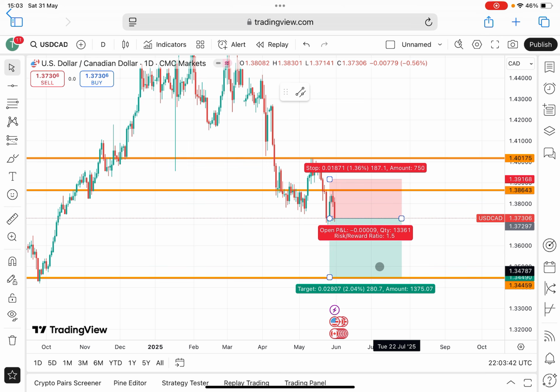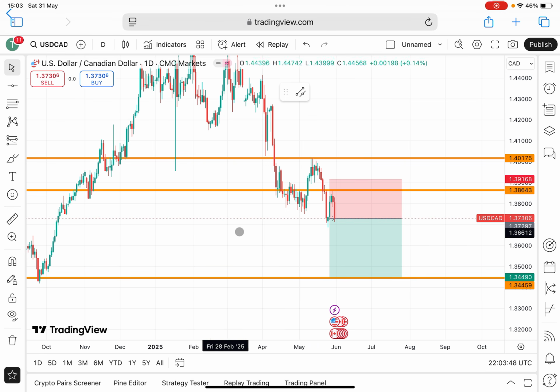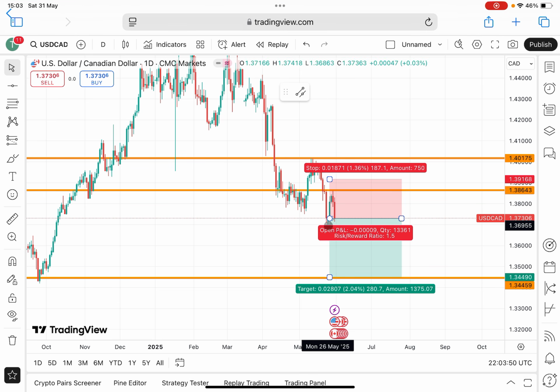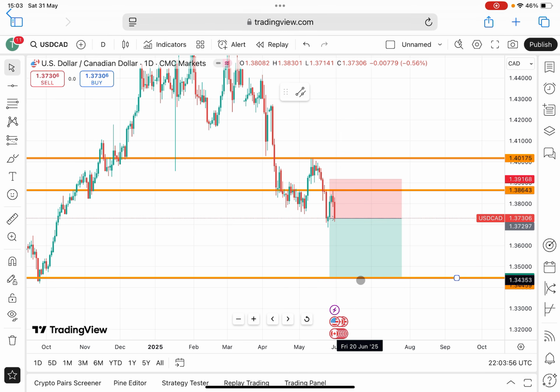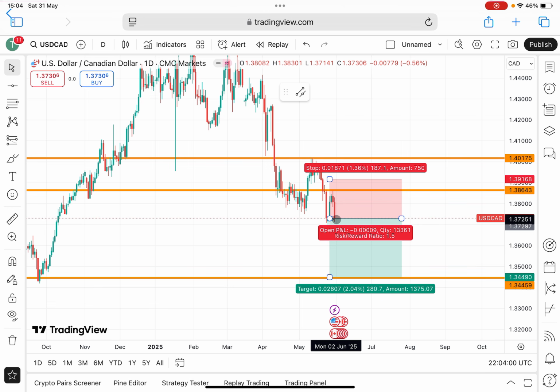Okay, this is like 300 pips. Yep. This is 300 pips, and you are risking 187 pips. So if you are using 0.1, if you are selling from the current market price, you'll be risking $187 to make 340 something dollars.